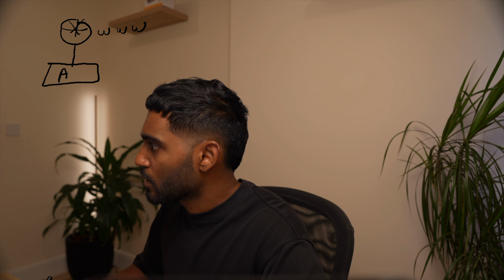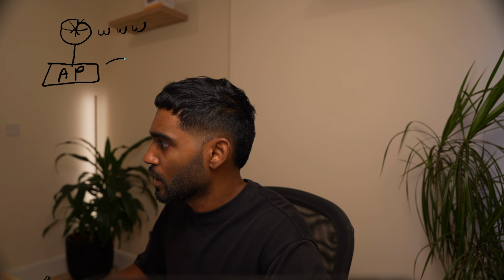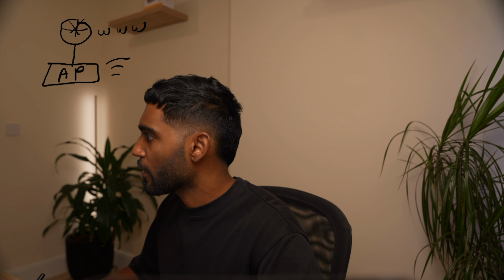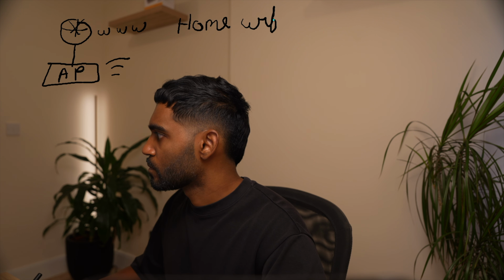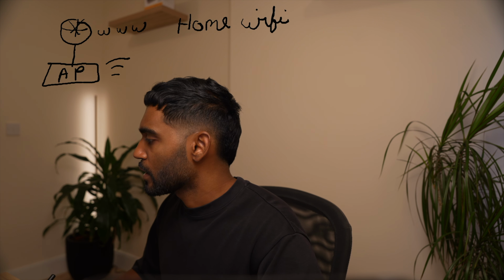Let's say this is your typical network a home user would use. So you have your internet coming in here, which connects to an access point which your service provider has provided you with, which has the Wi-Fi. So let's call this our home Wi-Fi. Not the best writing, but okay.